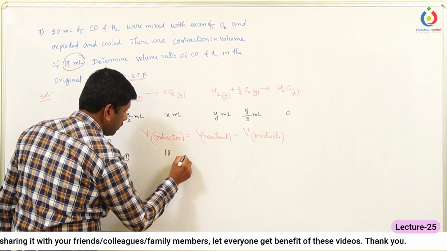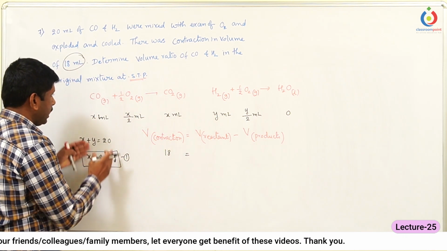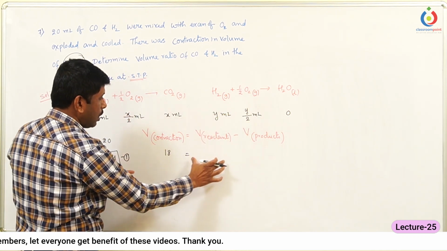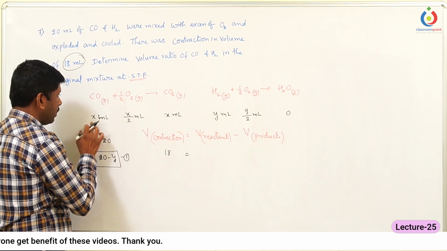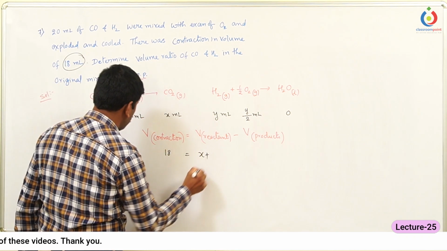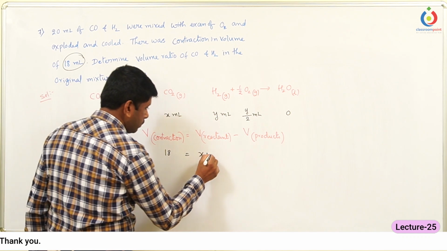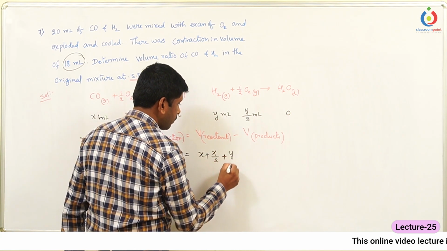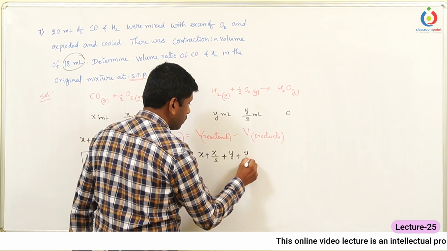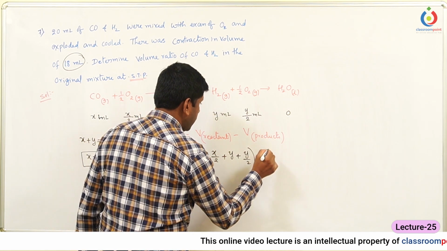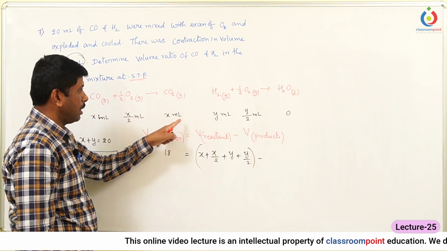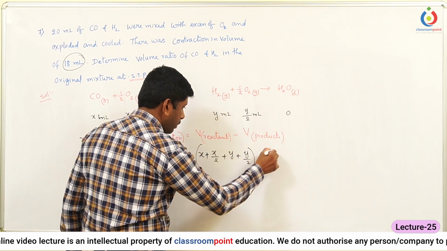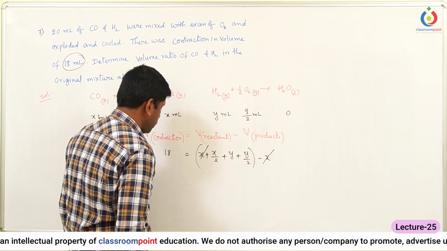So let us take 18 ml is equal to the volume of the reactants, meaning CO, O2, H2 and O2. All these volumes we have to write down. What is the volume of CO? X, plus O2, X by 2, plus Y, plus Y by 2, minus the volume of the products. Only one product is counted, that is X here, since liquid water is negligible. So minus X plus X cancel out.